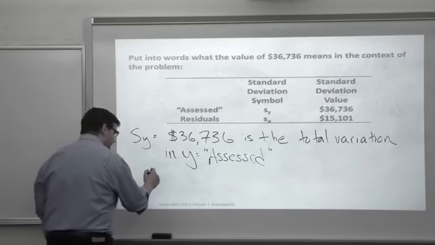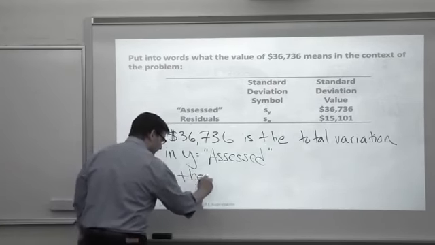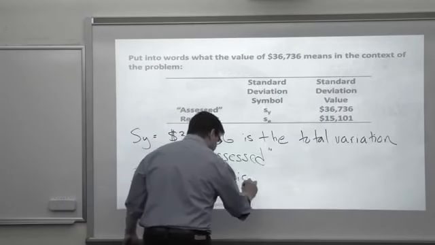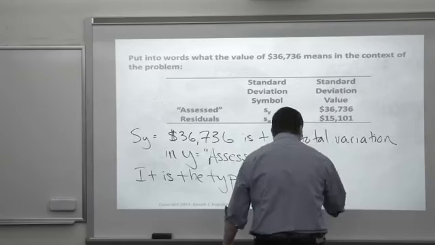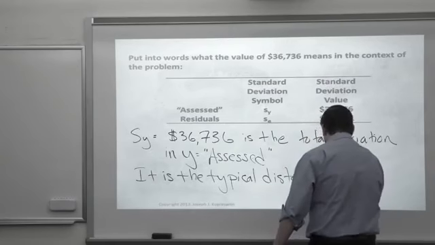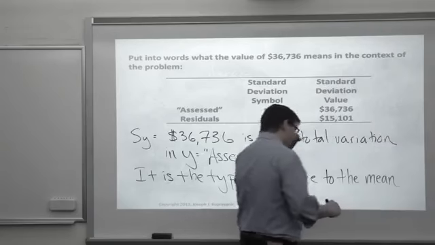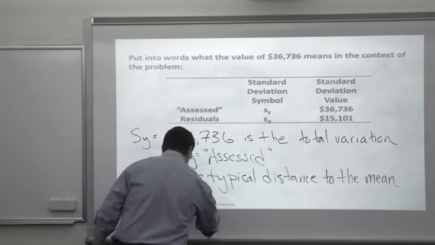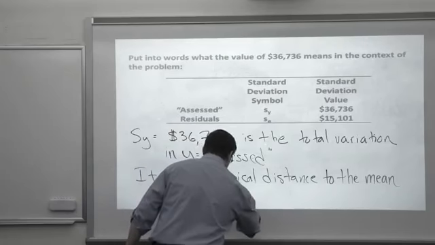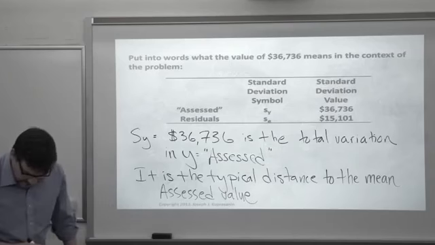You could say one last thing. It's the typical distance, or the average distance, to the mean assessed value. I don't know if I have the mean assessed value.